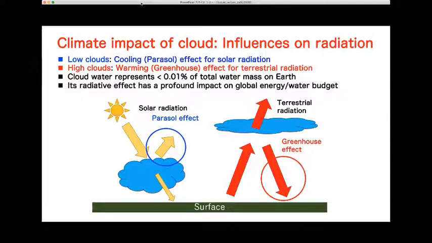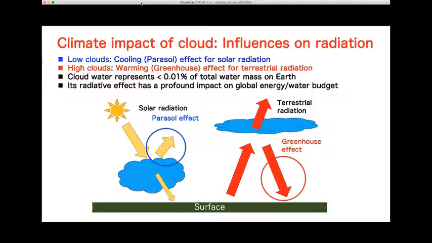One is basically a cooling effect for the solar radiation, which is blocked by the clouds. That has a cooling effect. And another is the warming effect, by which the clouds absorb the terrestrial radiation escaping to space.